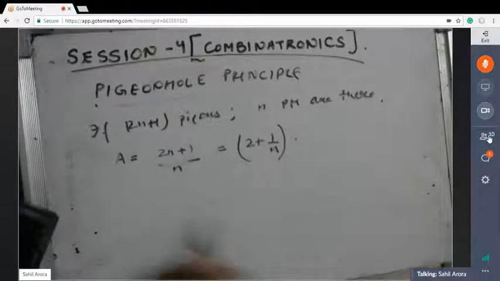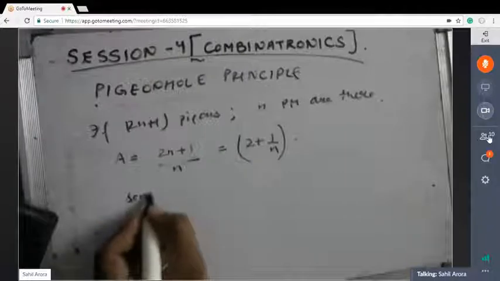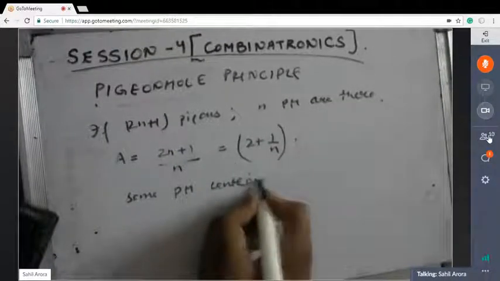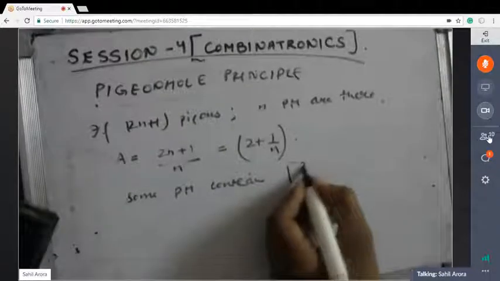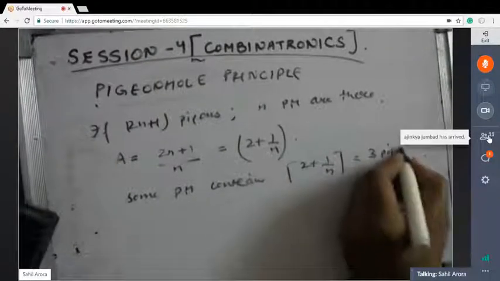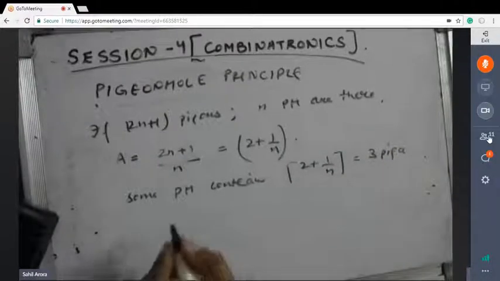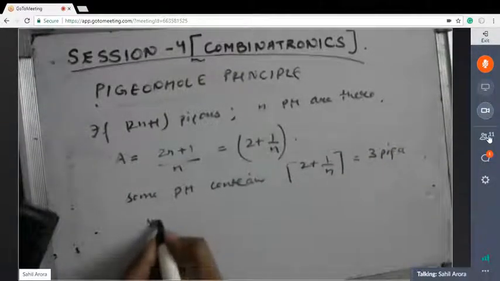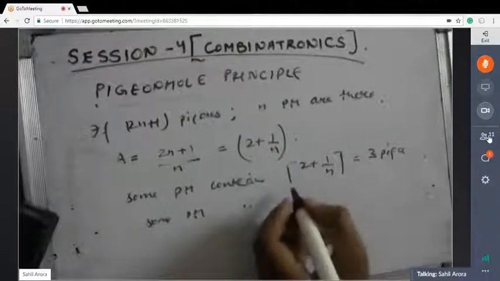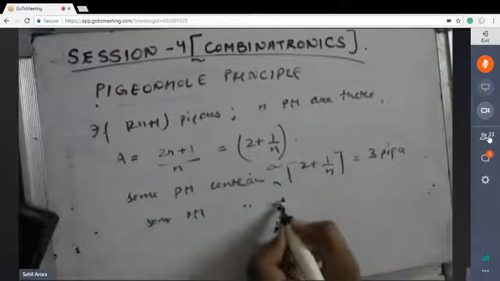Then again I'm repeating the same concept that some pigeonholes contain the ceiling value of 2 plus 1 by n, which is equal to 3 pigeons. And again, I'm writing the same thing that some pigeonholes contain this at least and this at most.